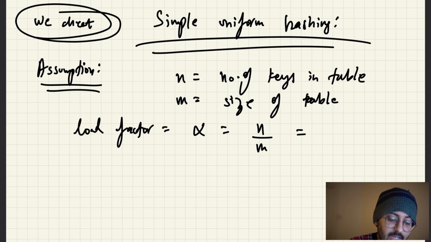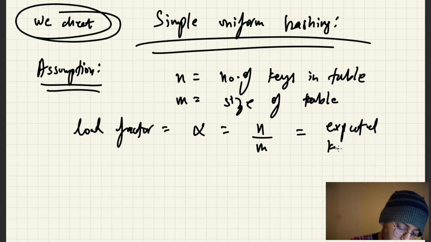But what does this mean? This basically means that, say, if you have n number of items you want to put in the hash table, total slots are m, then n divided by m is the expected number of keys per slot.